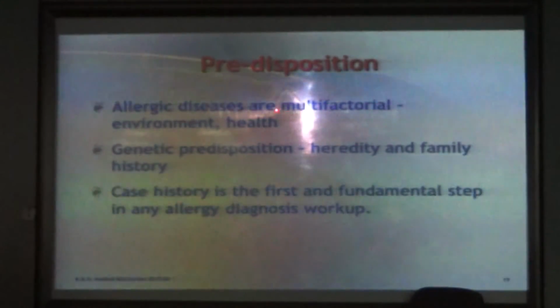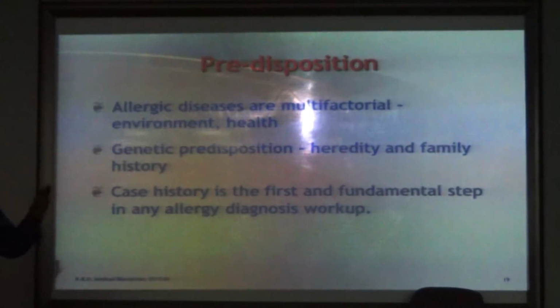So again, as I said, allergic conditions are not specific. They can be multifactorial: environmental, health, genetic, hereditary, family. Also, you have to take the history before you diagnose a patient as allergic and go and treat it. So history is very important.